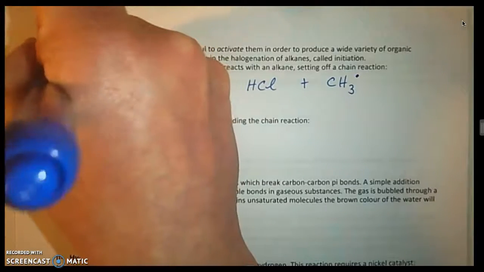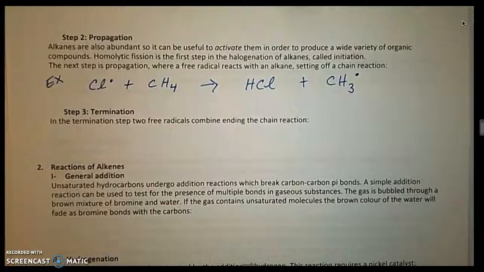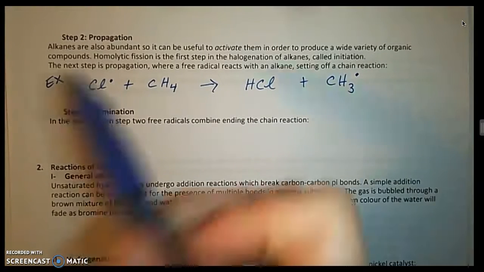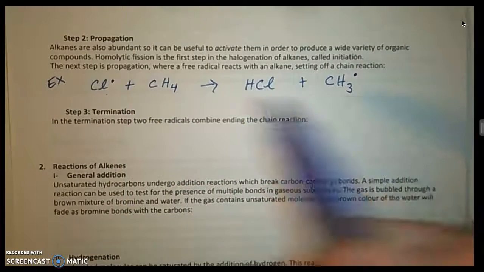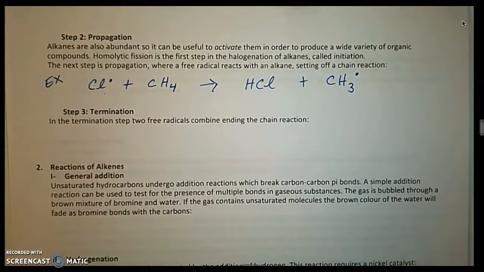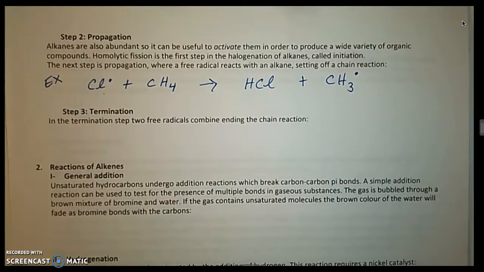Okay, now this is an example of a propagation step, but there's actually all sorts of propagation steps that can happen. Once you have one free radical introduced to a reaction mixture, it can create this chain reaction where free radicals are continually produced. So I'll show you another example.